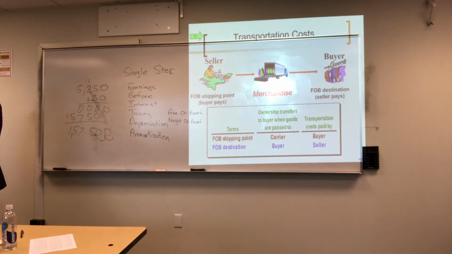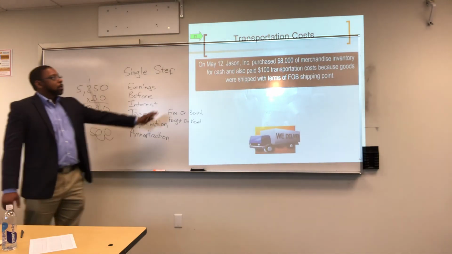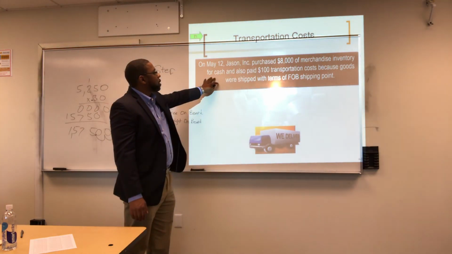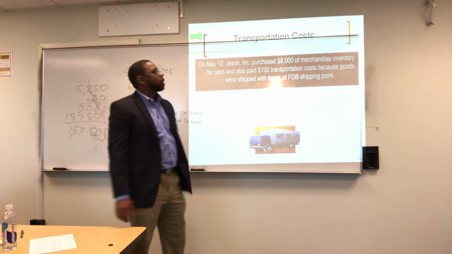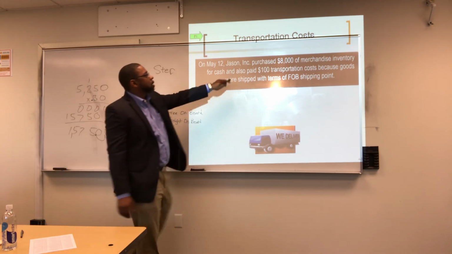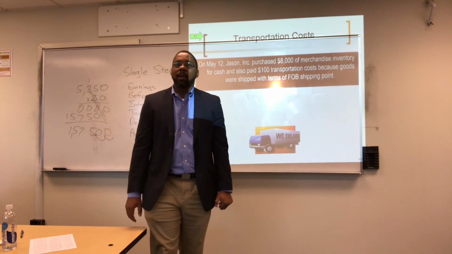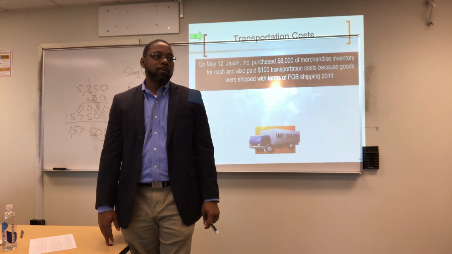Please keep that in mind, because an example will look like this. On May 12th, Jason Inc. purchased $8,000 of merchandise inventory in cash and also paid $100 transportation costs because it was FOB shipping point. FOB shipping point, Jason is the buyer, so Jason has to put the shipping costs on his books.